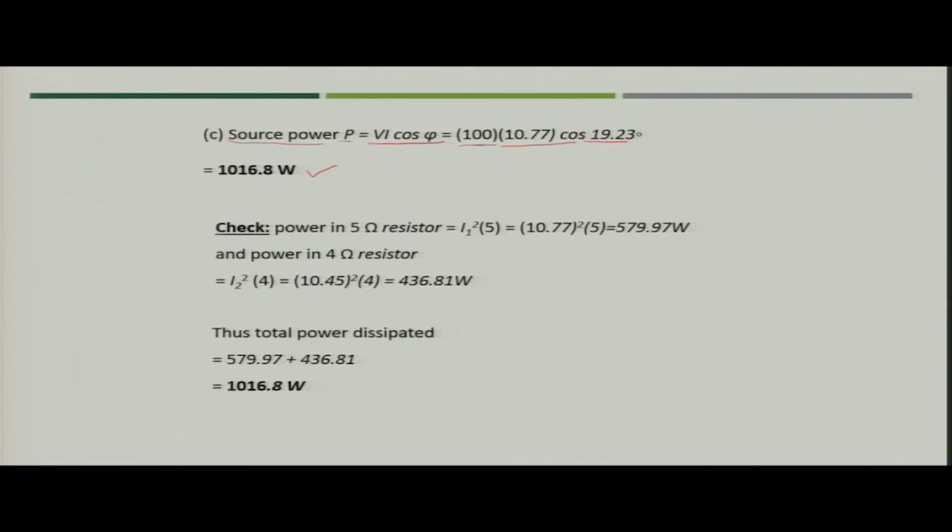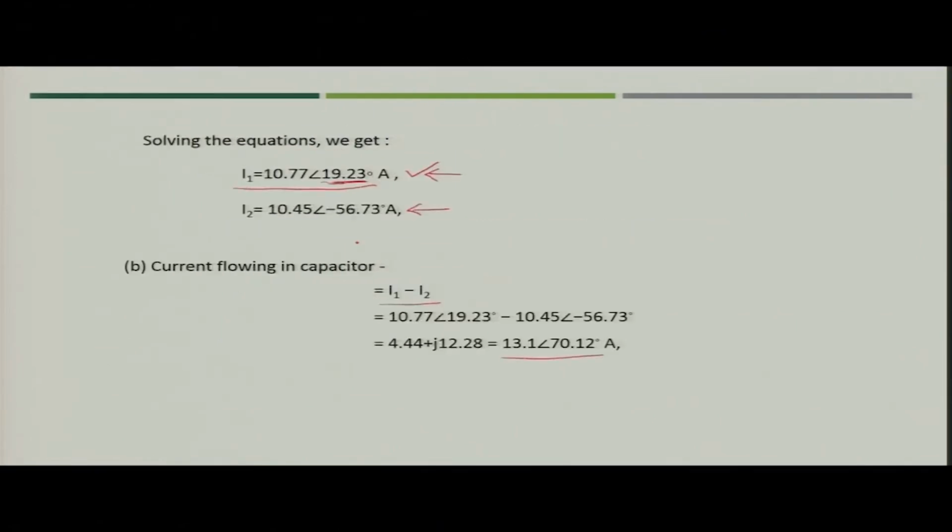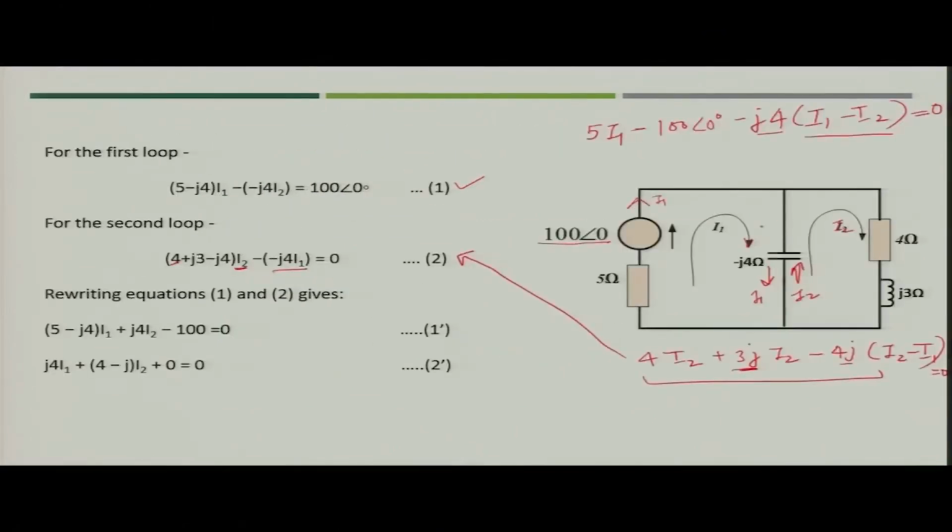Now, you can do verification also, like if you are interested to find out whether our power calculation is correct or not, you have to simply check the circuit. Here the active power can only be absorbed by the resistor 5 ohm and the resistor 4 ohm.